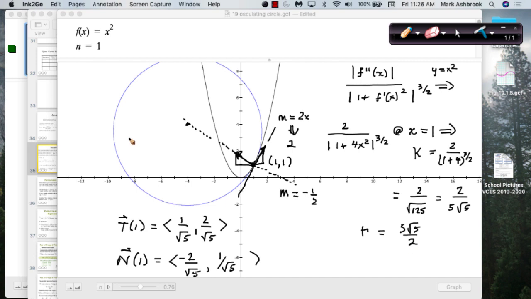So the coordinates of the center, it's going to be a little ugly, but the starting point is 1, and then we're going to add what? 5 root 5 over 2 times this, right? This is already a unit vector, so if we just multiply it by the radius, is that just -5?